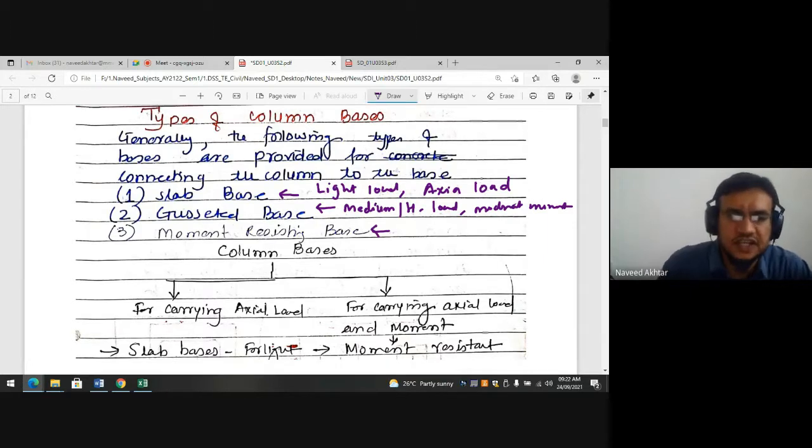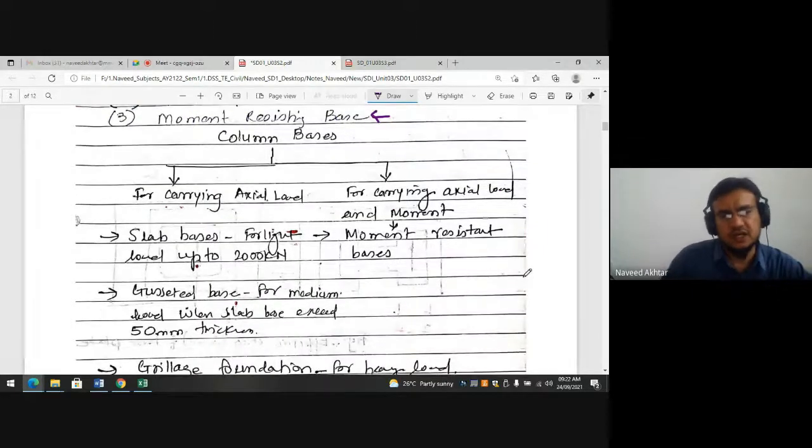So these are the three types of column bases you can provide, for carrying axial load and for carrying axial load and moment. The axial load and moment is generally taken by the moment resisting base. So to resist the bending moment and the axial load, you go for the moment resisting base.